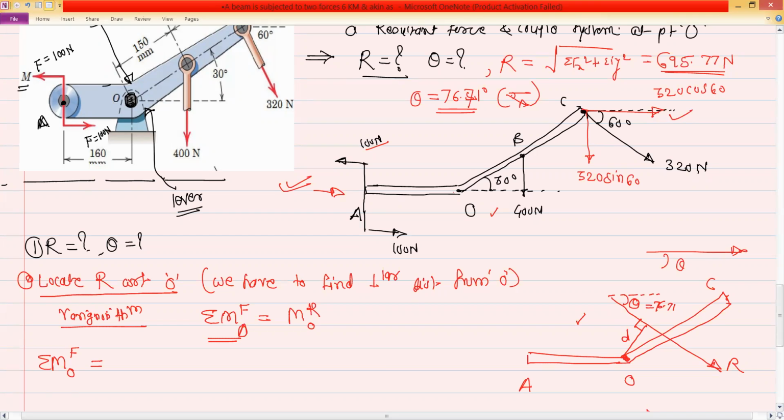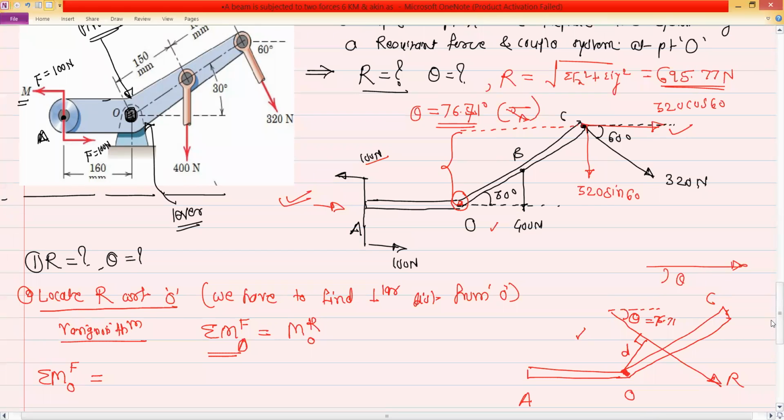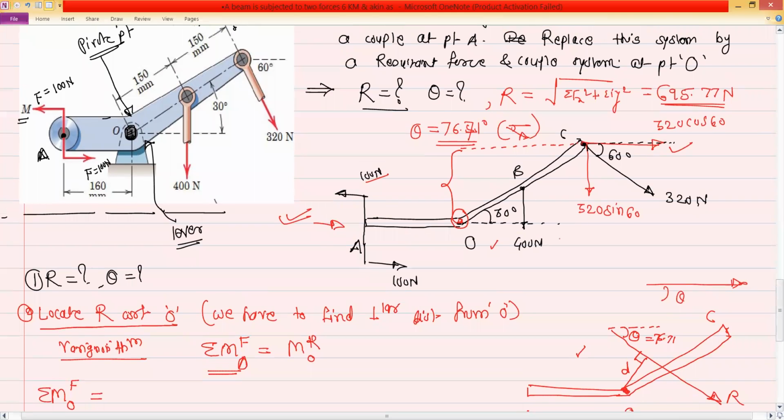What is the perpendicular distance with respect to point O? This is the line of action and this is the perpendicular distance. Okay, so it is not directly given. For that, we have to refer to the original diagram. You can see here, this is 150, this is 150. So this is 0.15 meter.